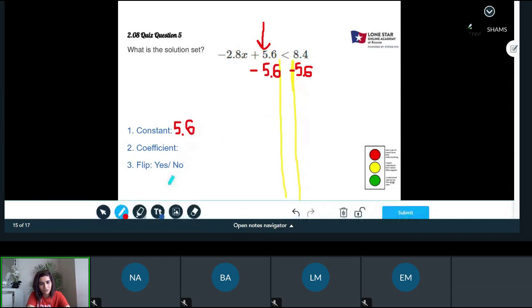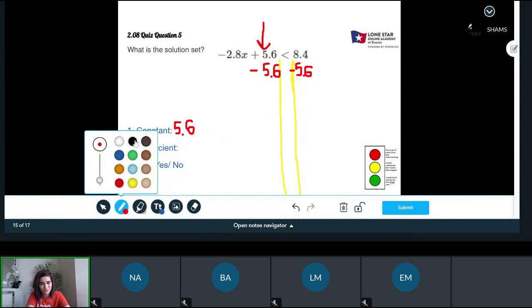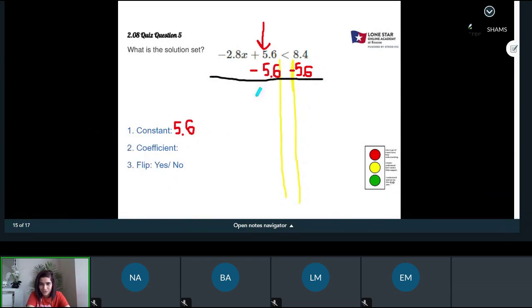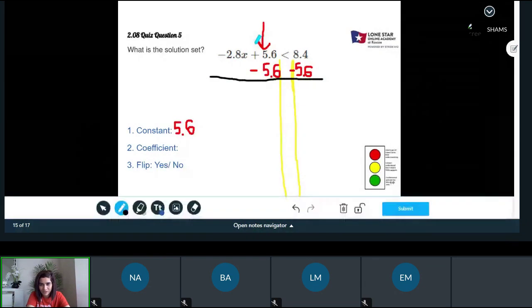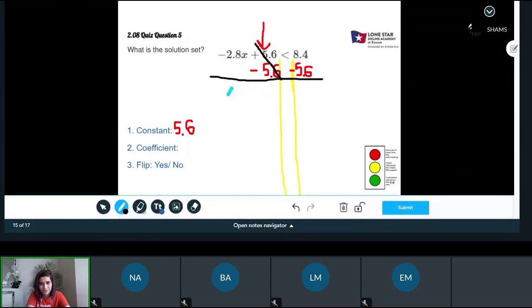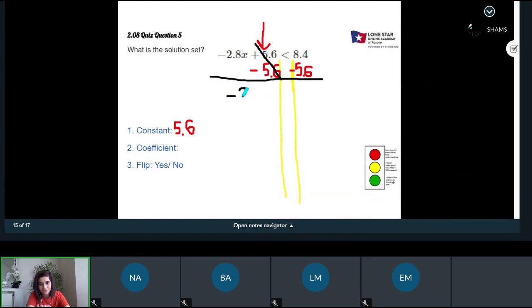People, go ahead and solve and tell me how much do you get after subtracting. So here, plus 5.6 and minus 5.6 is a 0. And you have negative 2.8x.